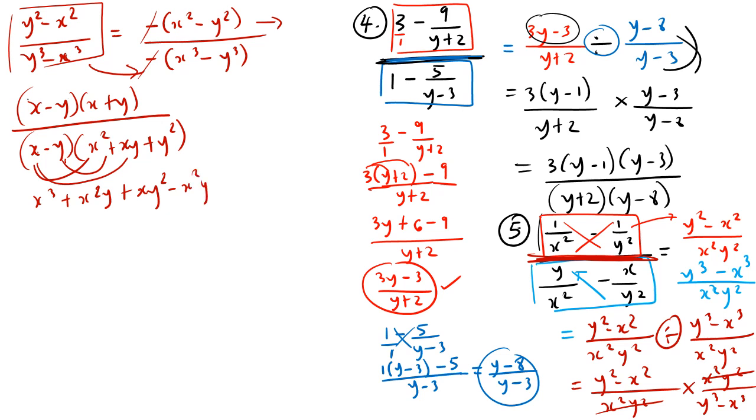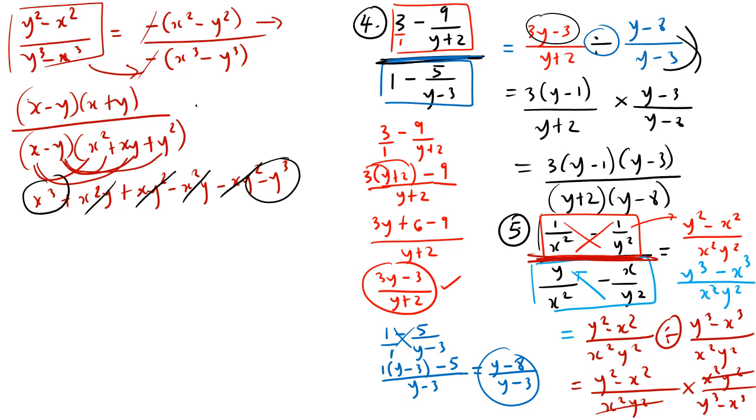Then negative y times xy will be negative x y squared, and negative y times y squared will be negative y to the third. If we had the right factors, we should be looking at opposites crossing themselves out. So this goes with that, and this goes with this. You see what is left, which means we are good.